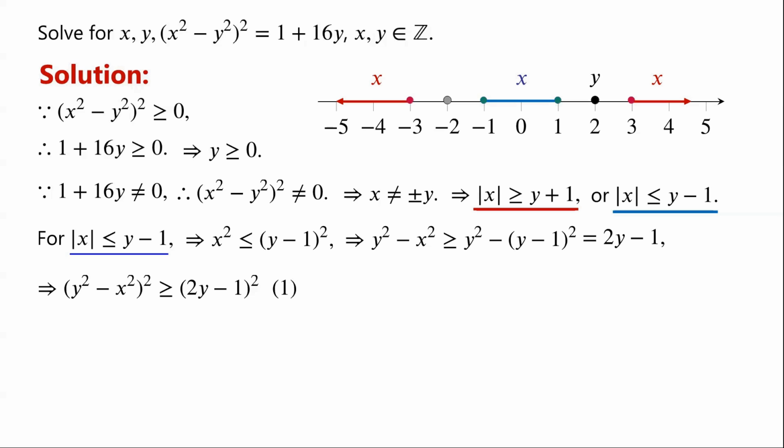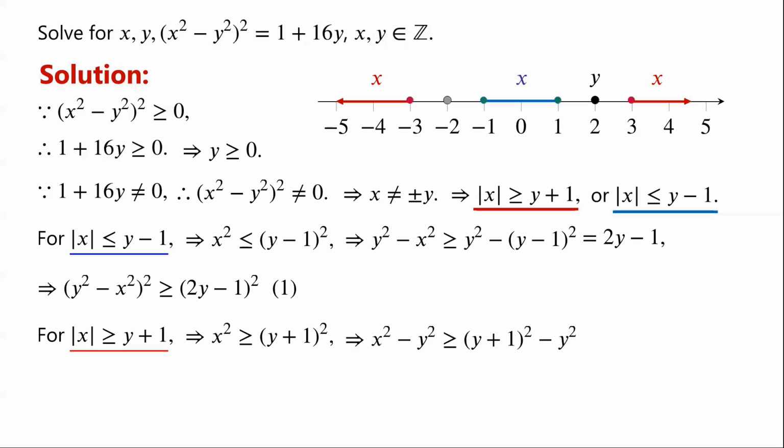Similarly, for the modulus of x greater than or equal to y plus 1, squaring both sides, we have x squared is greater than or equal to y plus 1 all squared. Then subtract y squared from both sides, we have x squared minus y squared is greater than or equal to y plus 1 all squared minus y squared. y plus 1 all squared minus y squared equals 2y plus 1.